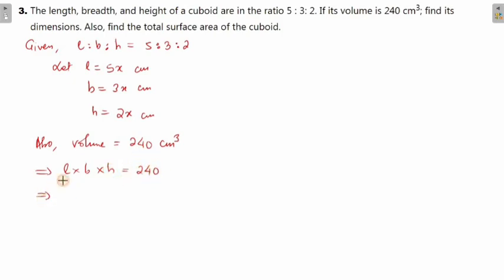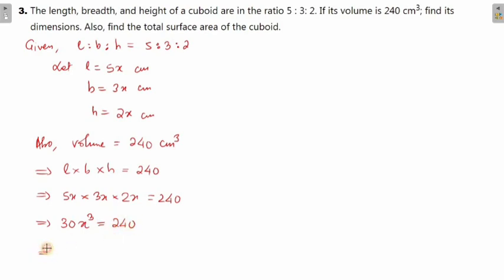Let's put the values of L, B and H: L is 5x, B is 3x, H is 2x. So this equals 240. Let's multiply these: 5 into 3 is 15, 15 into 2 is 30. So we have 30, x into x into x is x cube, equals 240.